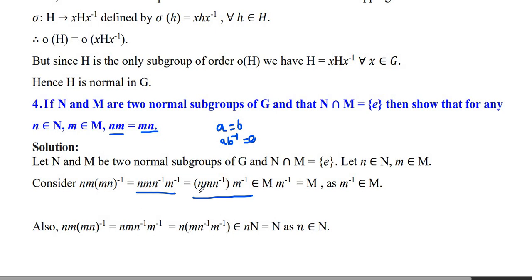In the first case, because M is normal in G, we have this belonging to M, and this we have as such.